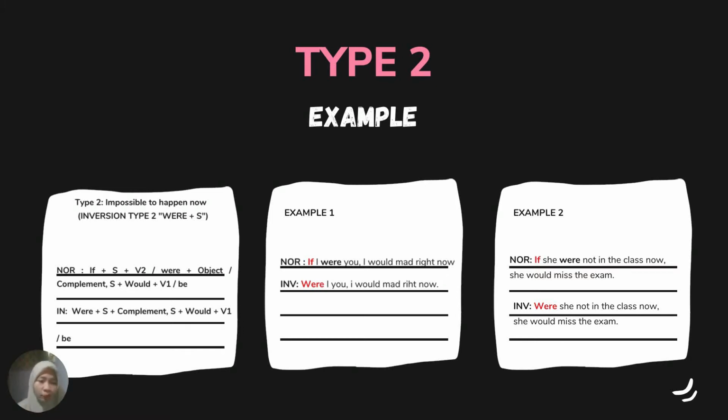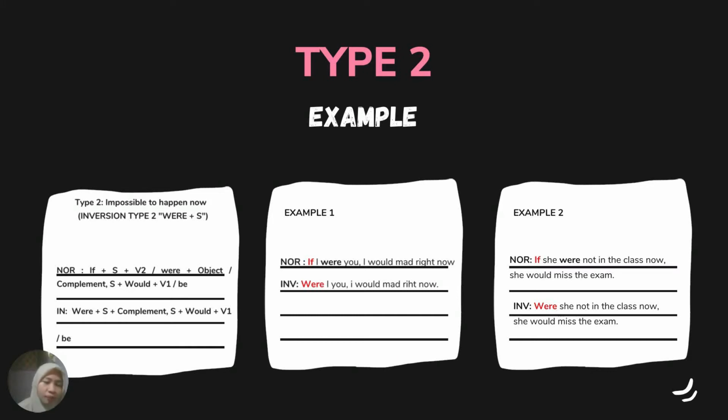Example 1, we have the normal pattern. If I were you, I would be mad right now. And when we change it to an inversion sentence, it becomes: were I you, I would be mad right now. So as you can see, we remove if, it becomes were, and then we put the subject I, and then we put the complement you after the subject.